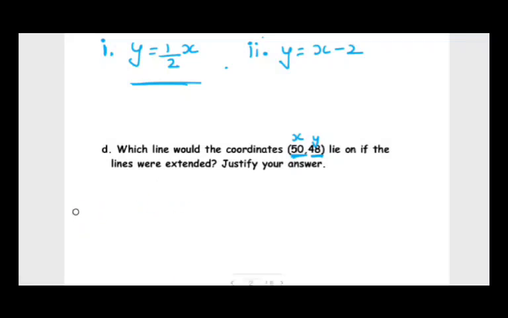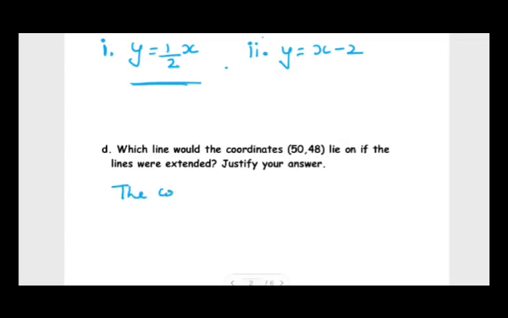Let's try the second one. Your second formula is y is equal to x minus 2. So my x is 50, minus 2, which is equal to 48. So am I getting this as y? Yes. So the coordinates 50 and 48 belong to the second graph. So how will I put down this statement?